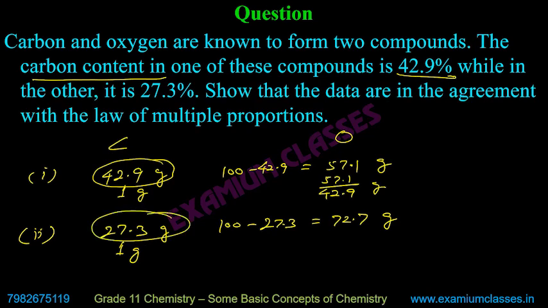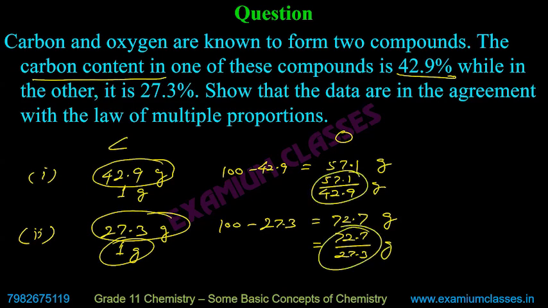Similarly, 27.3 gram corresponds to 72.7 grams of oxygen, so 1 gram of carbon will correspond to 72.7 divided by 27.3. According to the law of multiple proportions, these two should be in simple whole ratio. Try to solve and see whether these are actually in a simple ratio or not, because we have fixed the mass of carbon.